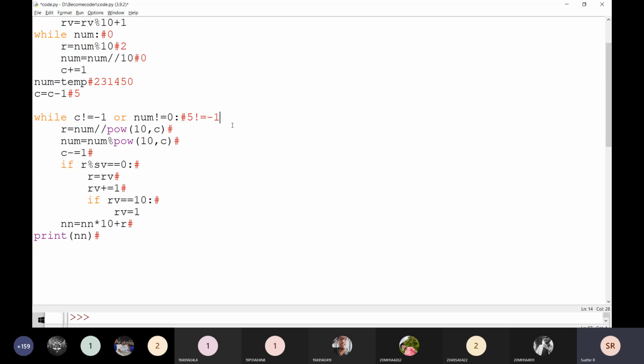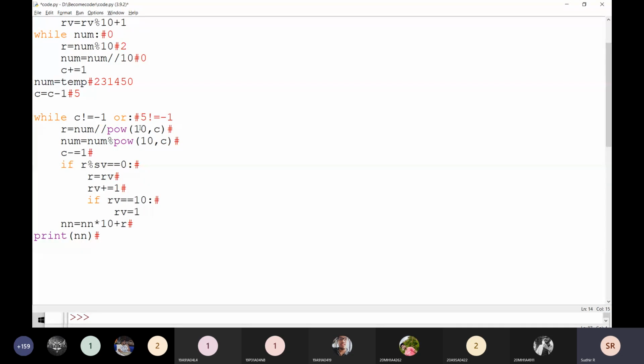Is it true or not? Yes, 5 not equal to -1. If it is true, this is the OR gate, right? This is the OR condition. If one condition is true, there is no need to check the remaining one, and it is moving inside directly. Are you agree with me or not? That is a logical OR. If it is false, then it is going to check the next one. Okay, is it clear? That's why it is not checking num not equal to 0 here.